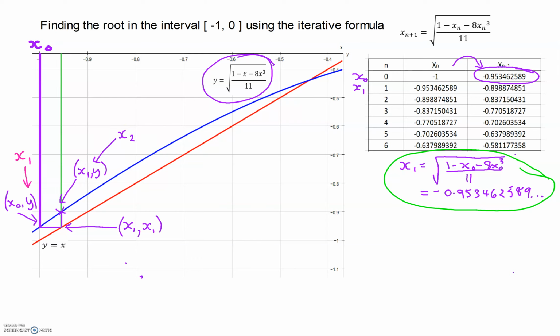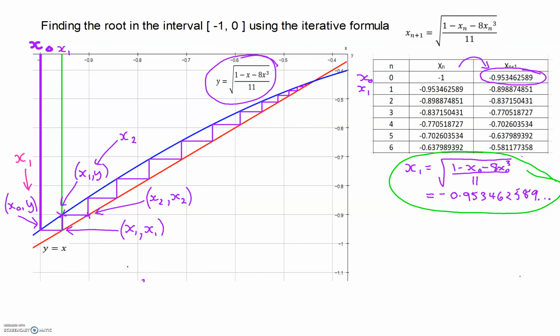And in order for that to be the case, we have to move horizontally across to the y equals x line. And because it is y equals x, it allows us to have the same x and y value. And so this now becomes x2, still our y coordinate because we've moved horizontally. And if we move horizontally, the y coordinate does not move. And because we've moved to the line y equals x, our x coordinate is also going to be x2.